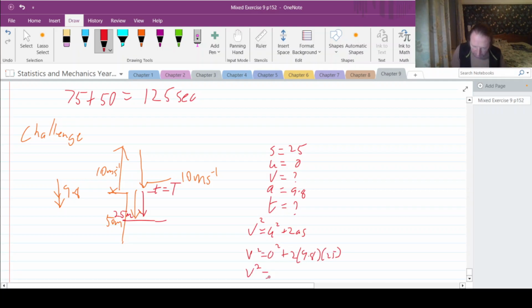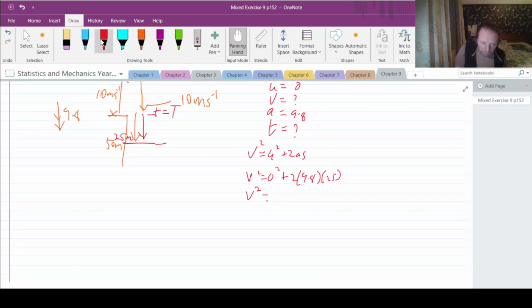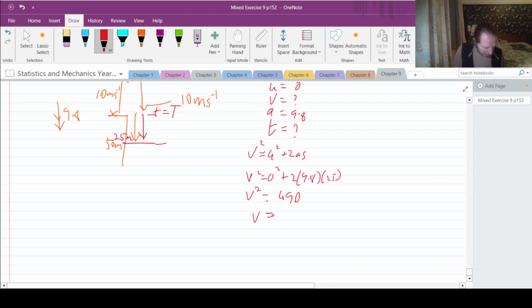So v squared is equal to 2 times 9.8 times 25, 490, so v is equal to 22.135.